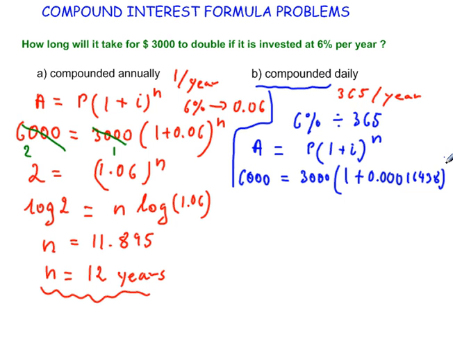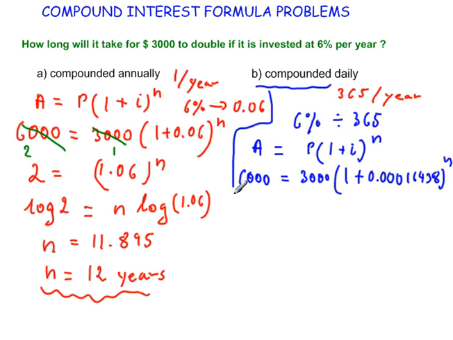So exponent n. I strongly recommend that you use as many decimal digits as possible. Should you choose to cut this number short, you will have a very different result. So to get accurate reading, I want you to spend time when you divide 6% by 365 to select a significantly long number after the decimal point.